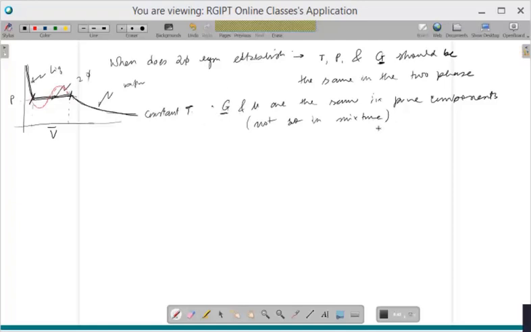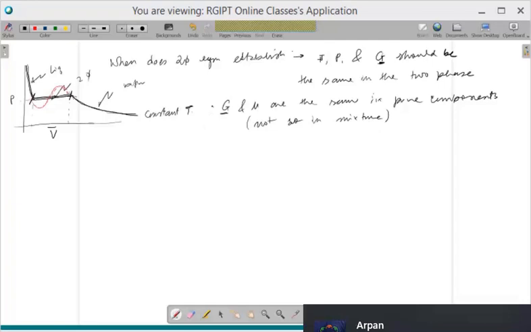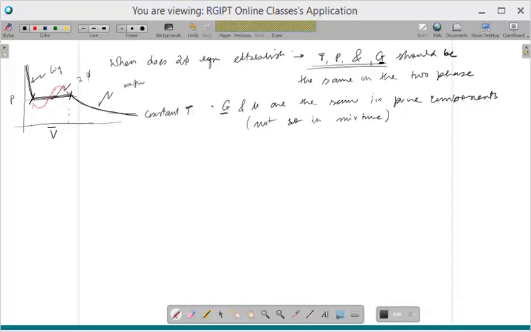Anyway, so this is what I have to ensure. In order to have this, I have to ensure that these quantities are equal in the two phases, which are identified as these 2 points. Now temperature is already the same because I am running this curve at constant temperature. That's not a problem. These 2 points, according to the equation of state, must lie on an isotherm. Therefore, here and here the temperatures are the same.